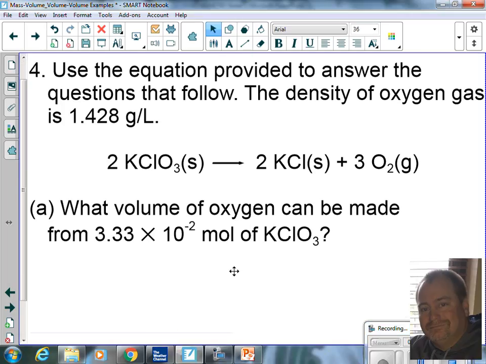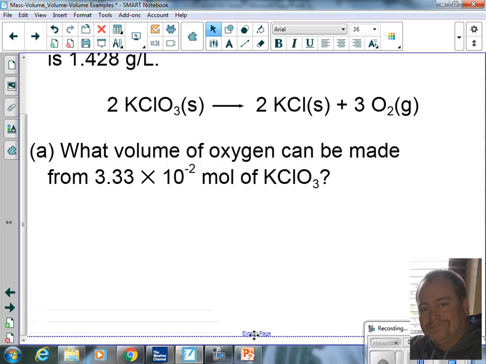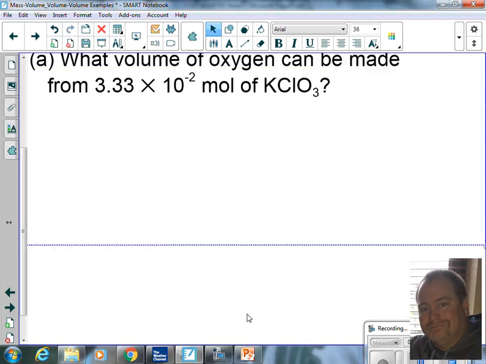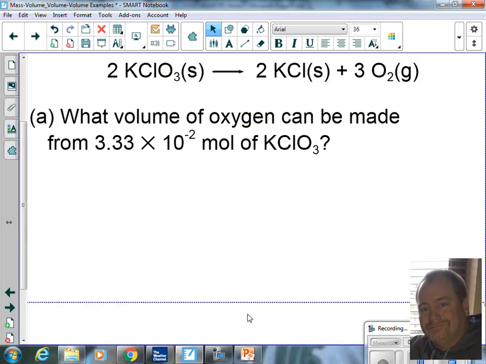Okay, with this problem, I'm going to start out with this part right here. Now, here's the kind of thing that you have to be able to recognize. I'm starting out with moles, so I immediately go to the molar ratio. I don't need to convert anything flux capacitor-wise. I've been given moles.